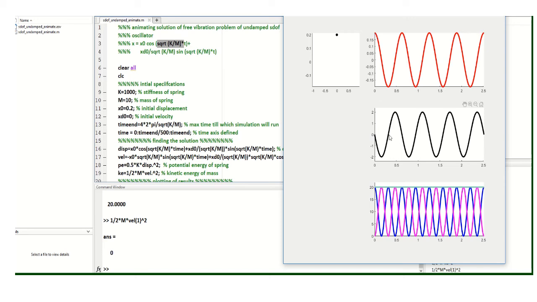Similarly, when you see another 0 in the velocity graph, displacement is maximum on the other side, right? So when displacement is maximum, there will be maximum potential energy, but at that time velocity is 0, hence kinetic energy will be 0. So kinetic energy is 0 and potential energy is maximum.